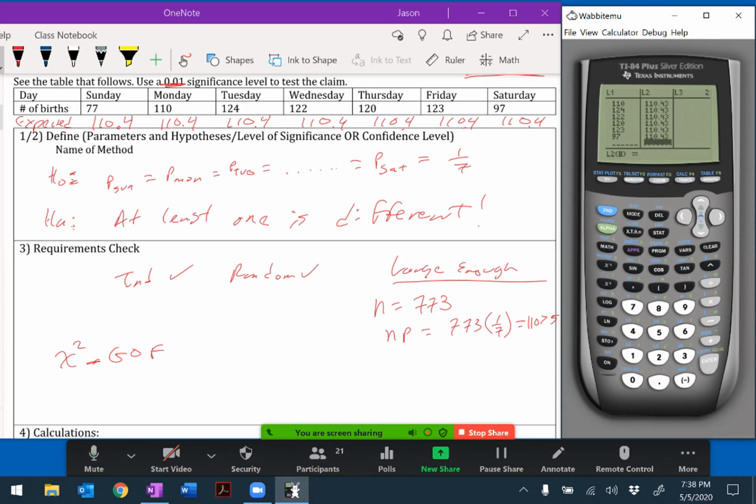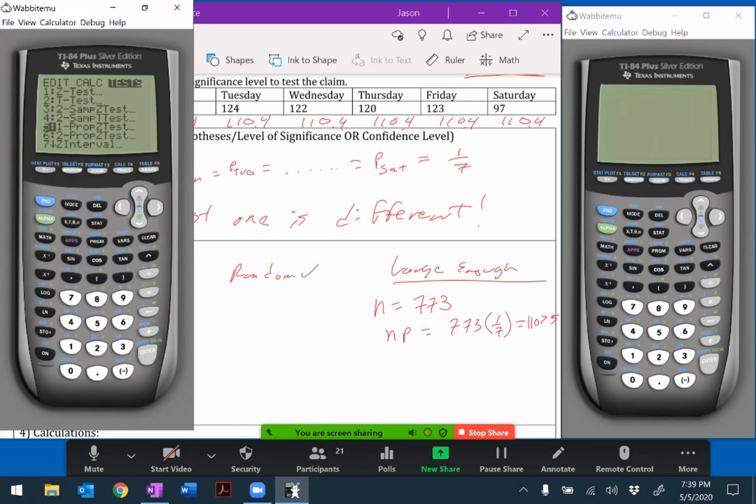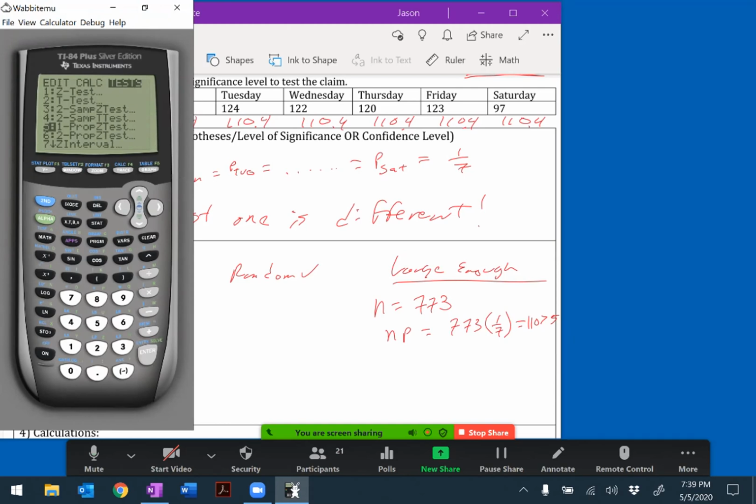Now I'm going to go to chi-square goodness of fit. I'm going to hit stats, go to tests, and go to the goodness of fit test. Okay, it says, what's your observed?